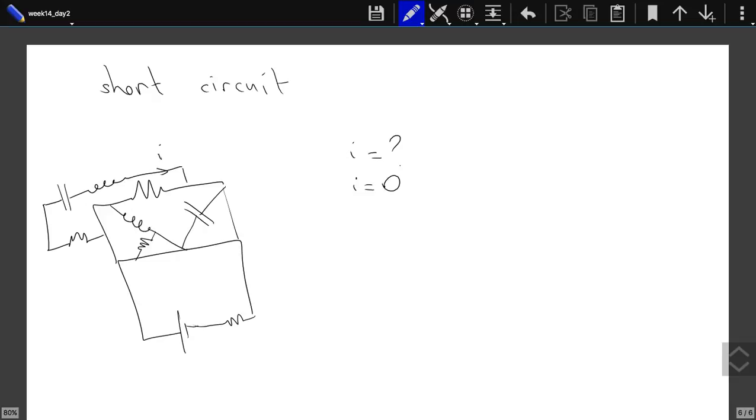There is a potential difference between, oh, be careful, this point and this point. Okay, so because of this potential, no, is there a potential difference, sorry? Is there a potential difference between those two points? Yeah, is there a potential difference?